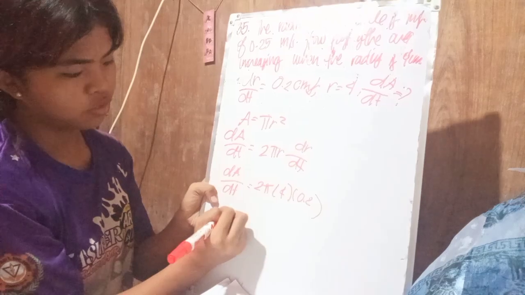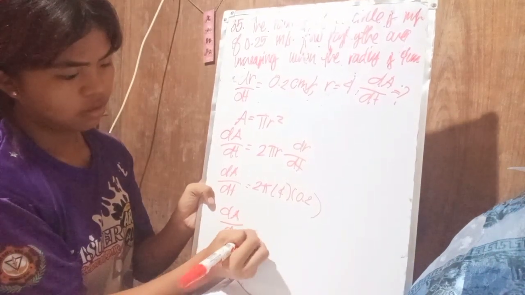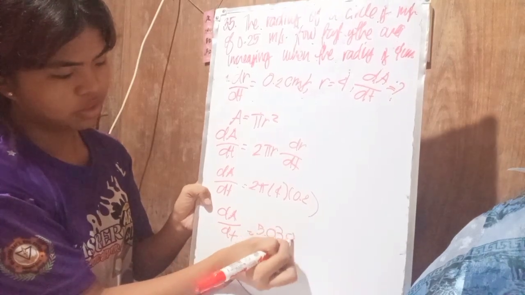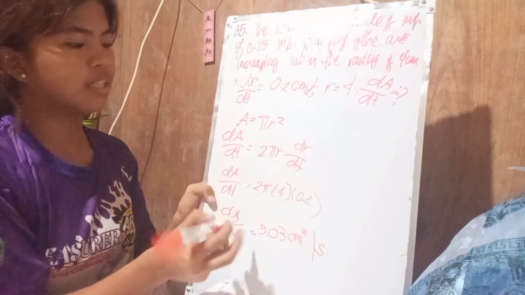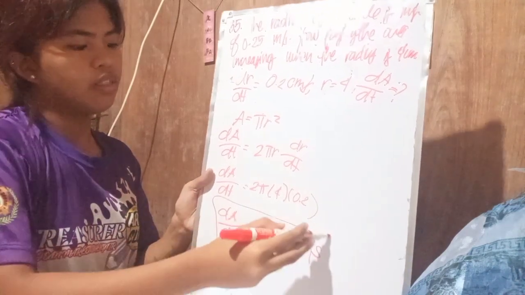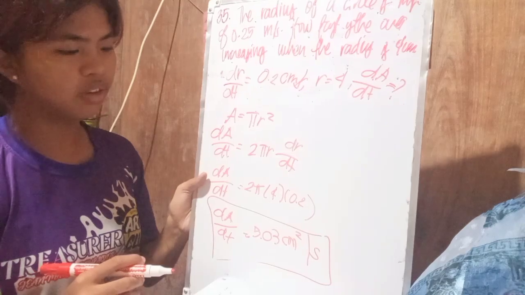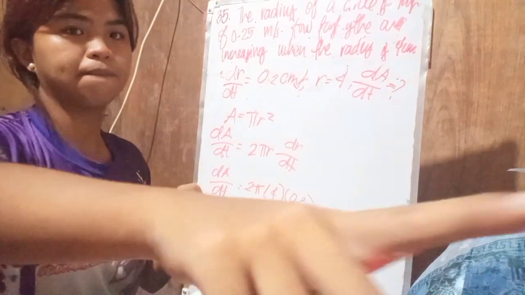So the answer for this number is 5.03 cm squared per second. The answer for number 35 is 5.03 cm squared per second.